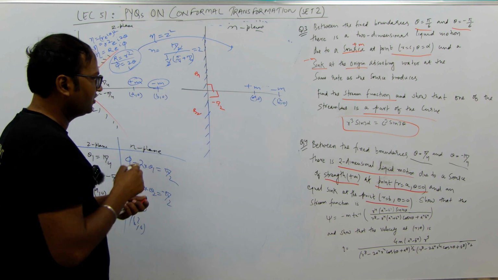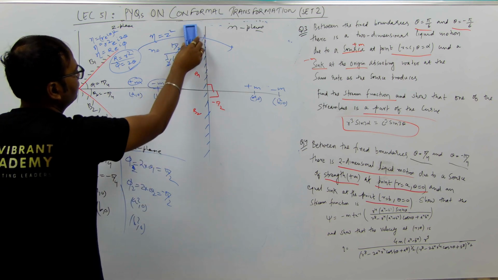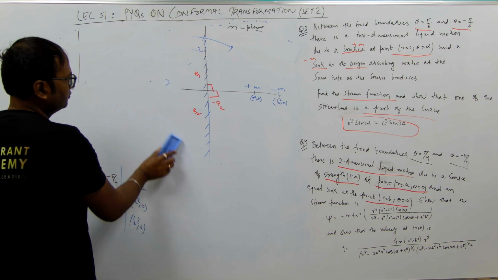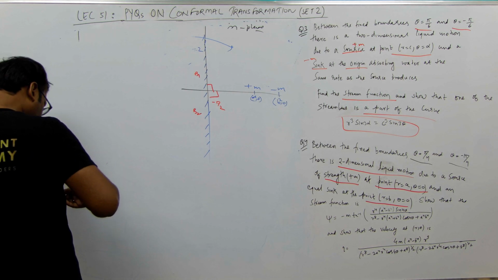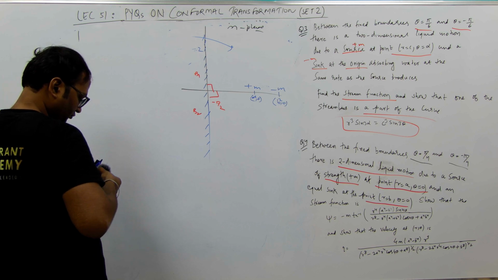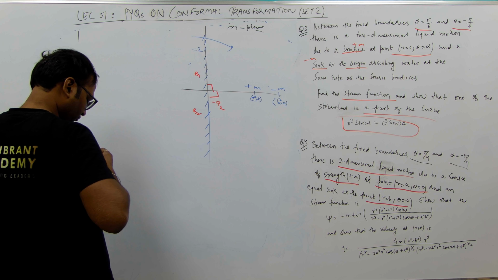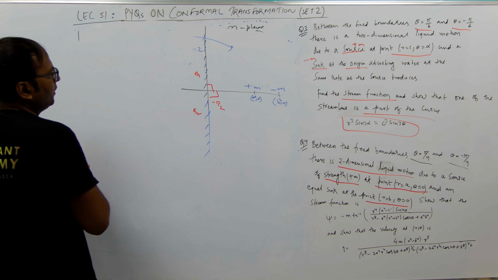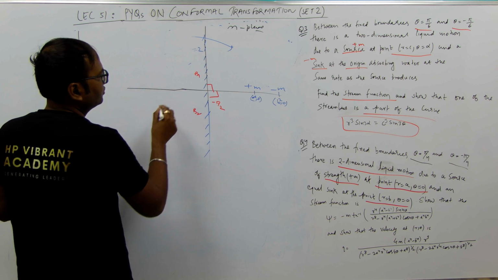So let us draw the image of a squared comma 0 and b squared comma 0. The image will lie on the negative side of the x-axis.